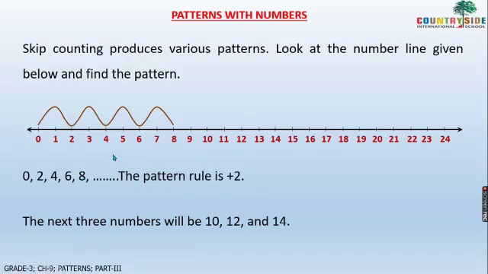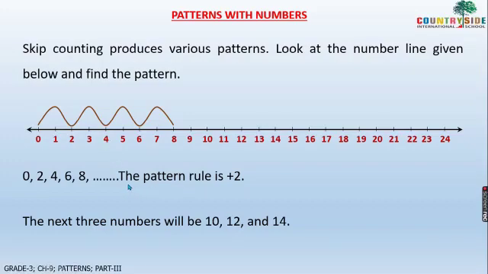So what will be your pattern rule, children? How many numbers am I skipping here? One number. So what will be the pattern rule? After how many numbers are you getting the number? After 0 it is 2, then after 2 it is 4, that means 2 numbers are there.